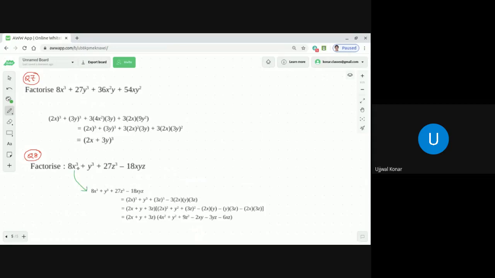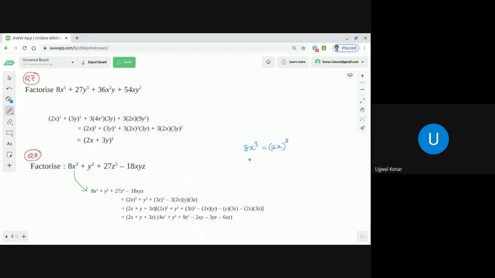But whenever you see 8x cube, y cube, 27z cube, then your mind should go: can I make it a complete cube of something? For example, the moment you get 8x cube, you can think, can I write it as 2x whole cube?